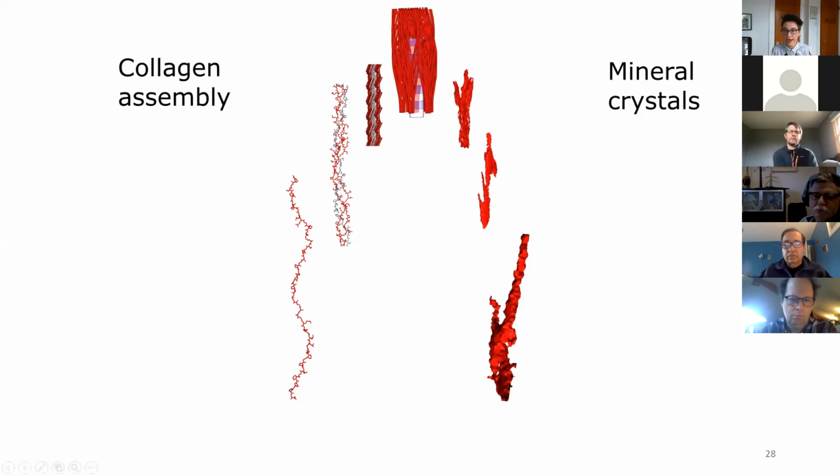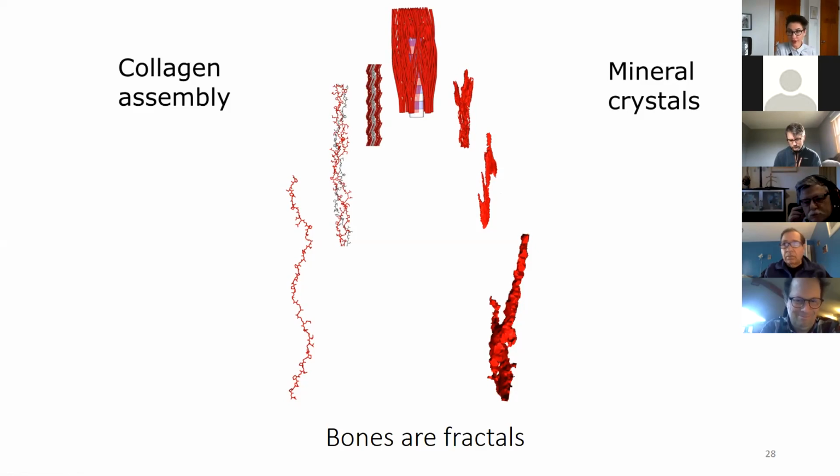So essentially, this self-similarity that we observe at least at 9 levels of bone structure tells us that bones are fractals, which is a very common theme in nature that biological design uses and reuses in organisms.